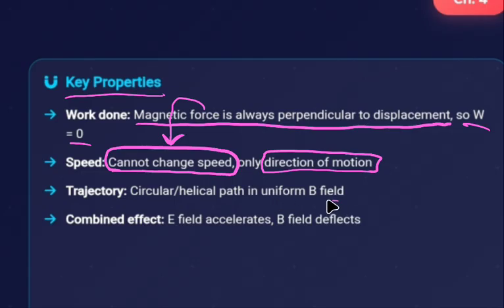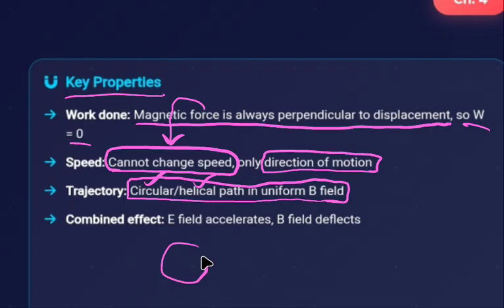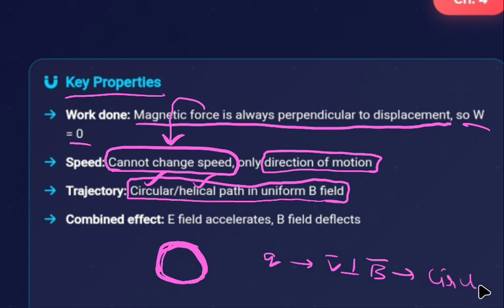The trajectory of the particle in the magnetic field is circular or helical. Circular, like this, when the charge is moving perpendicular to the magnetic field, then you get a circle.